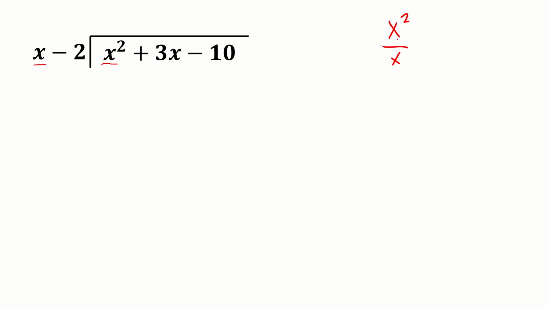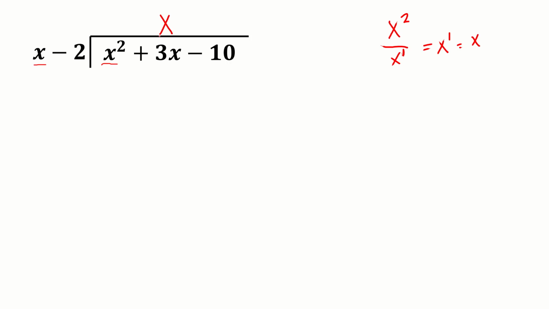Since parehas naman siyang x, at yung x sa baba ay may exponent na 1, anong gagawin natin doon sa mga exponent? Ima-minus po natin. So 2 minus 1 is 1. So x squared divided by x ay x raised to 1 or simply x. So that is our first quotient. So write natin si x.